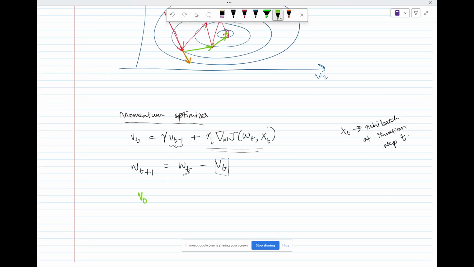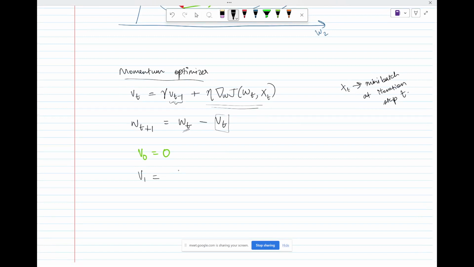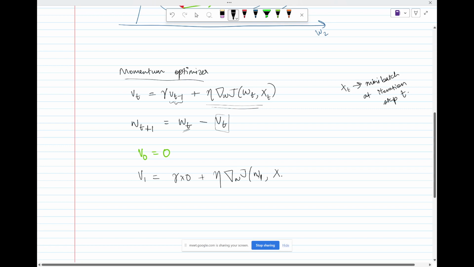At v0 you can assume it is 0. Then v1 will be gamma into 0 plus eta times the gradient at w1, the gradient at time step 1 and the mini batch at time step 1.